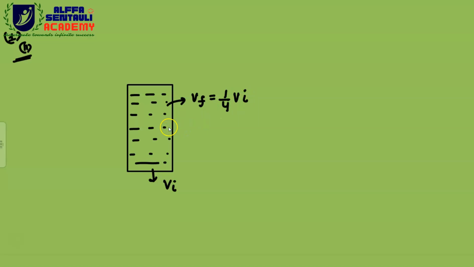So how much will be left? The volume left out will be V initial minus V final, because V initial is bigger. So how much will be there, beta? 3/4 of Vi. Correct?